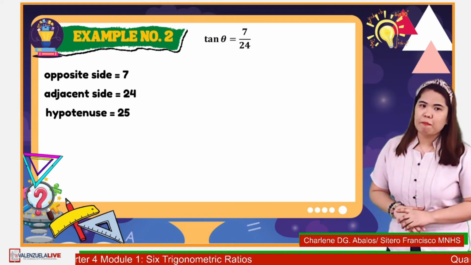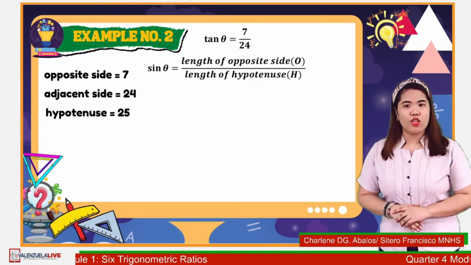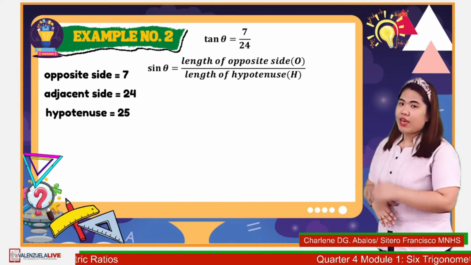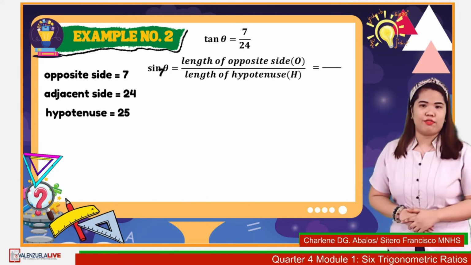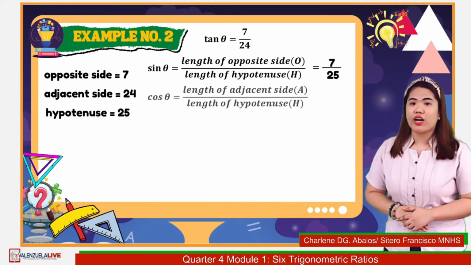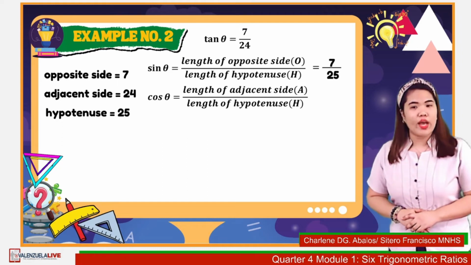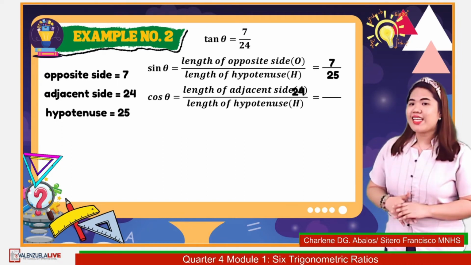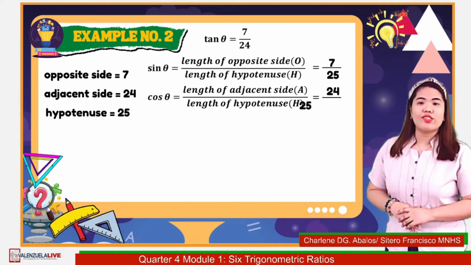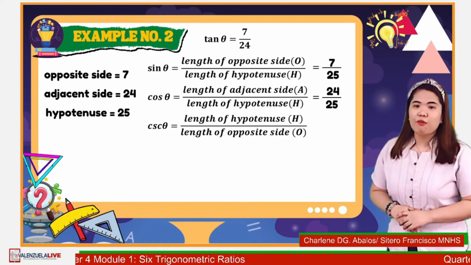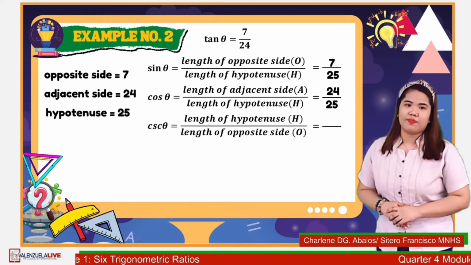For sine theta, we have the opposite side over the hypotenuse. It is equal to 7 over 25. For cosine theta, we have adjacent side over hypotenuse. It is equal to 24 over 25. For cosecant theta, get the reciprocal of sine theta ratio, so it will be 25 over 7.